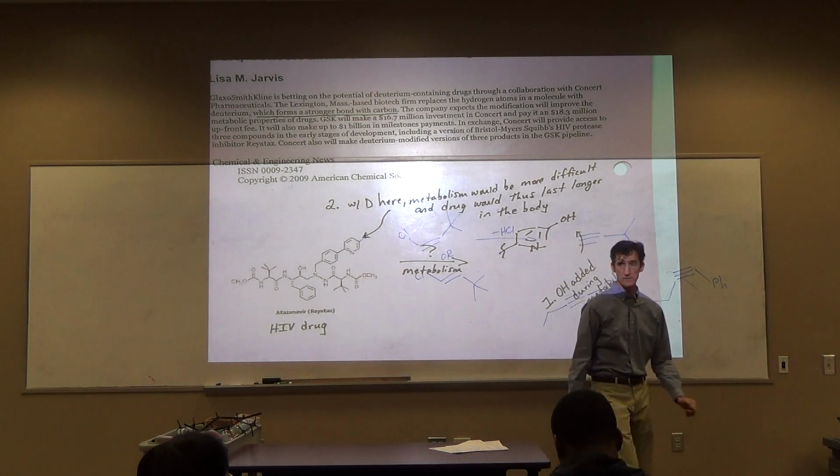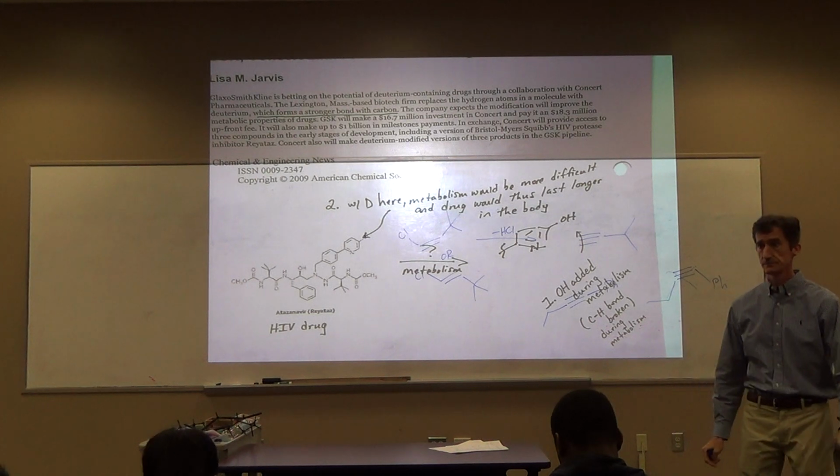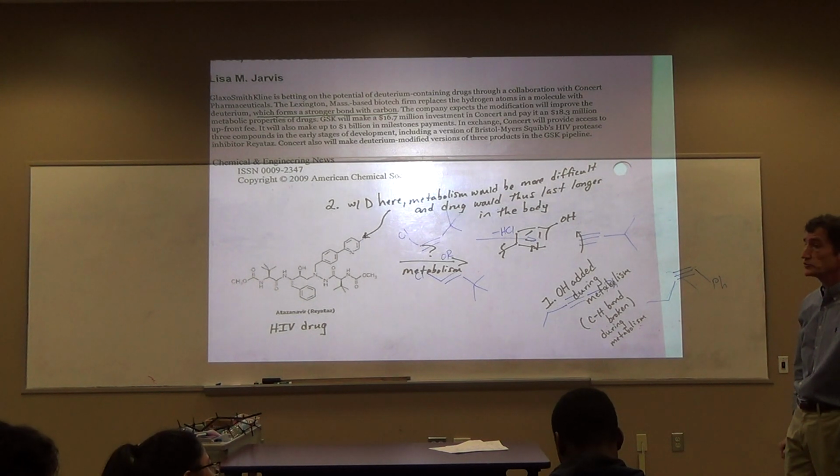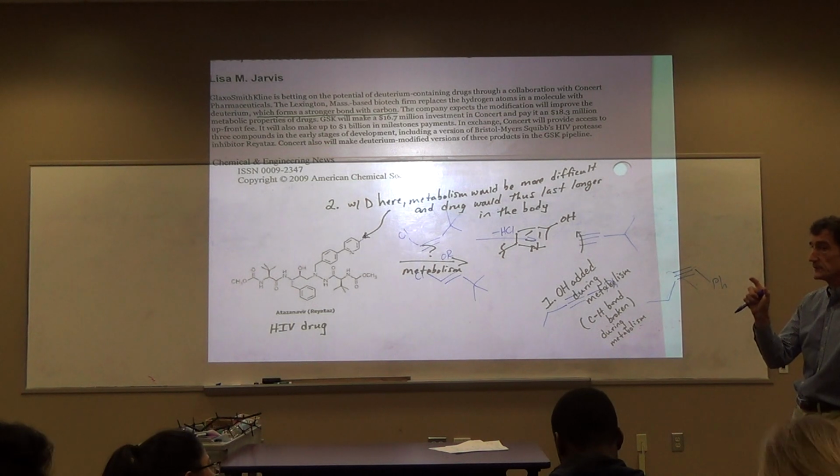It's no longer there. It's now a CO bond. If we replace it with a D, that bond will be stronger. And the metabolism could be more difficult, assuming the bond is broken in the rate determining step.